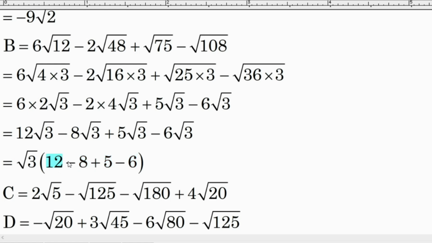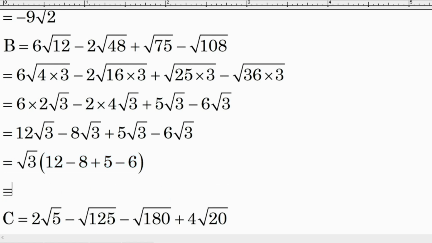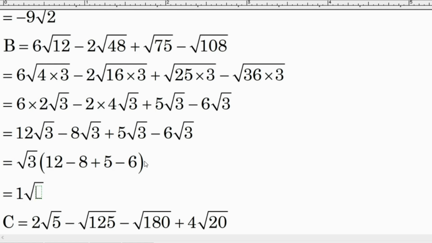We get 12 minus 8 equal to 2, 2 plus 5, which is equal to 7, and then 7 minus 6, which is equal to 1. So that will be equal to 1 square root of 3. But 1 is not necessary to write, so we can just keep the answer, which is square root of 3.